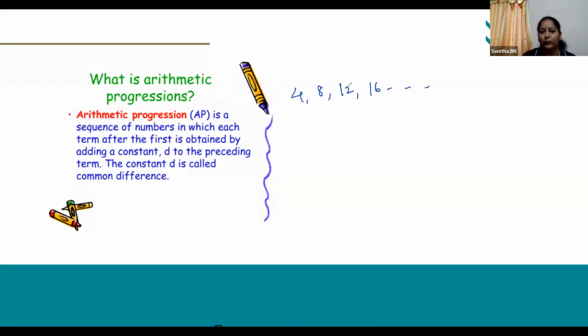It is a sequence, a list of numbers, and each term is obtained by adding a fixed number to the preceding term. Here, the first term is 4. What is the second term? 8. So we are adding 4 here. To obtain the next number, what are we doing? We are adding the constant number to the preceding number. So to get the next number, we are going to add 4, right, Panchami?